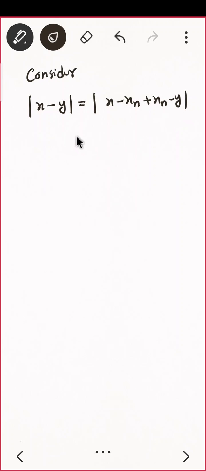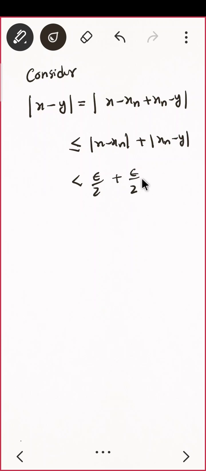What should I do next? Can I use the triangle inequality now? This is less than or equal to mod of x minus xn plus mod of xn minus y. And mod of x minus xn is the same as mod of xn minus x, so it makes no difference. And you already know this is less than epsilon by 2 and this is also less than epsilon by 2, which is the same as epsilon.